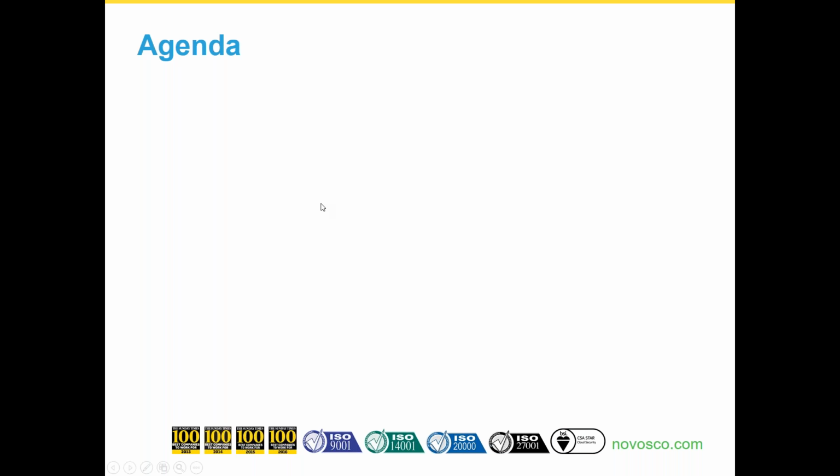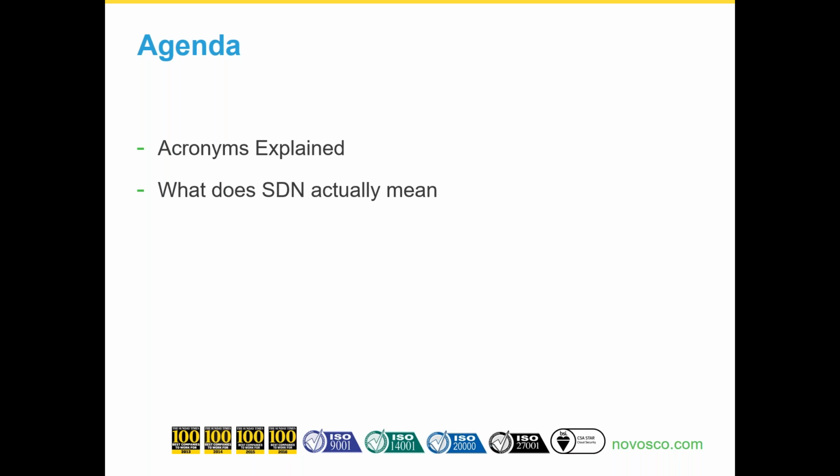So if we take a quick look at the agenda, during today we're going to be talking about things like what are the acronyms around software-defined networking. Sometimes that can catch us out. Other things like what does it actually mean to a business or an enterprise to use software-defined networking? What do you have to do to get into a position where you can use it? And where should you use it?